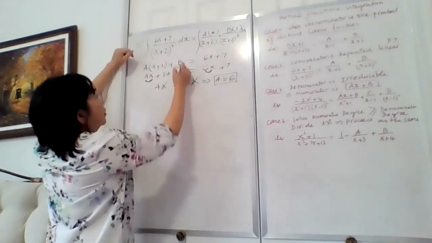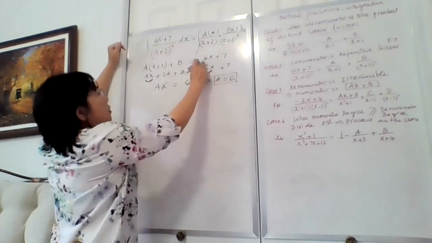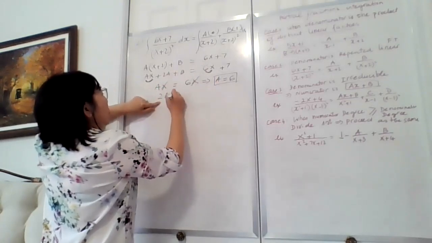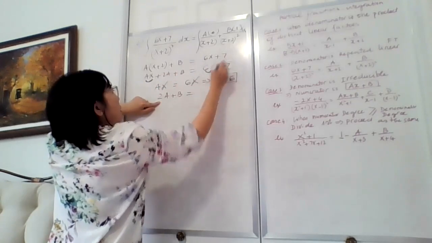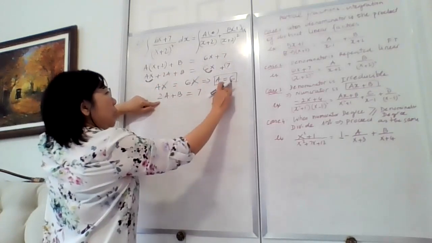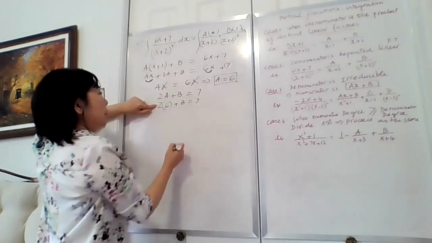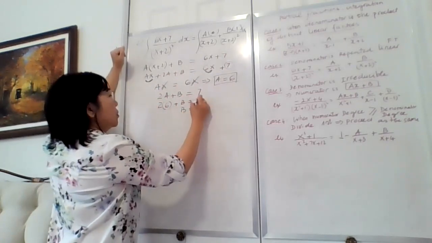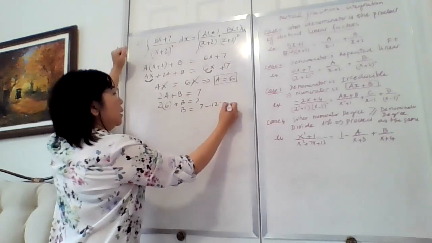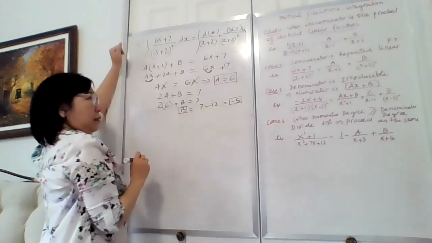Since 2a plus b is the constant term, it equals 7. But I know a equals 6, so 2 times 6 plus b equals 7. So b equals 7 minus 12, which is minus 5. So b equals minus 5.